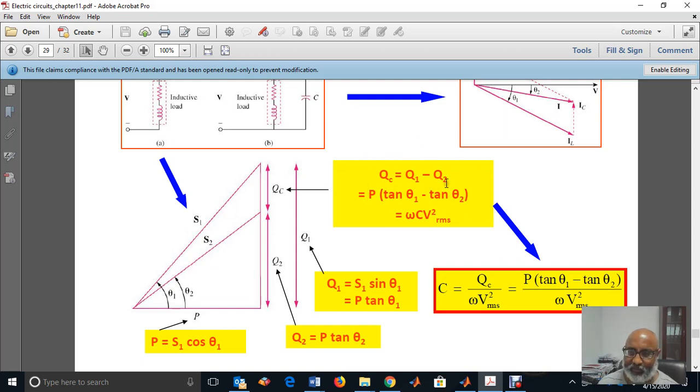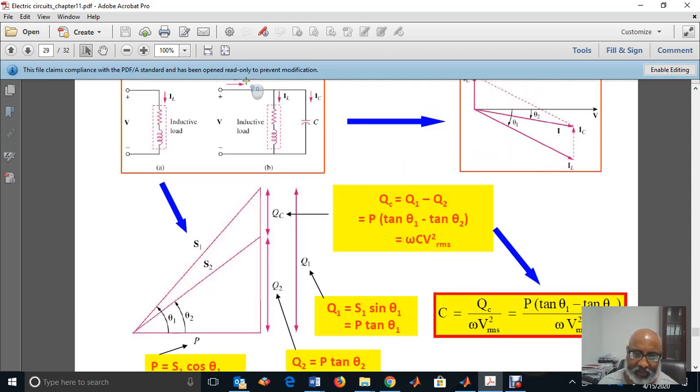But QC in terms of the voltage, because the voltage does not change for parallel loads, is V square divided by the impedance of the capacitor, ZC. So V square divided by 1 over omega C, which becomes omega C times V square, VRMS square. This is QC, the additional part which will correct our power factor from theta 1 to theta 2.